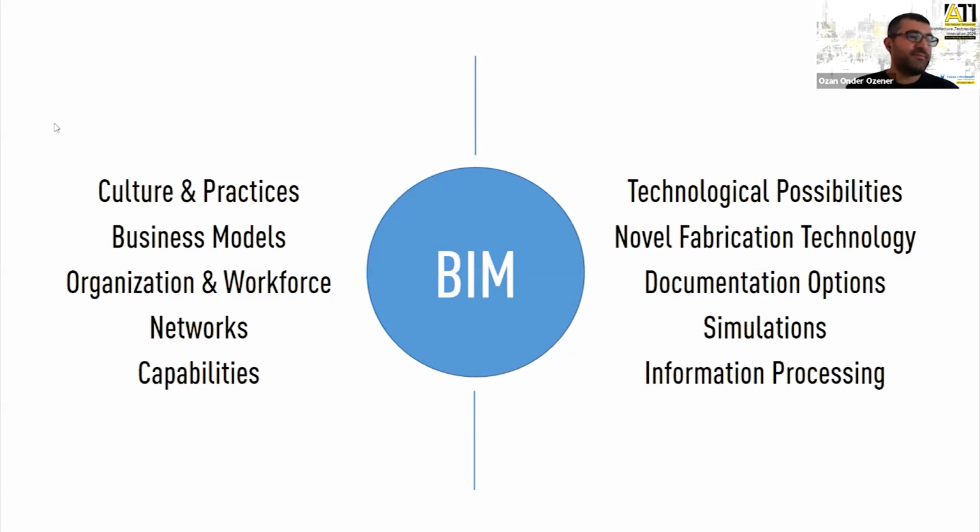Sometimes when I ask my students what they think about parametric technology, building information modeling and so on, they say, no, it's not very alien to us because it looks like The Sims, but in a different way. So we need to create new networks, and we need to create new capabilities for creating and building smarter.